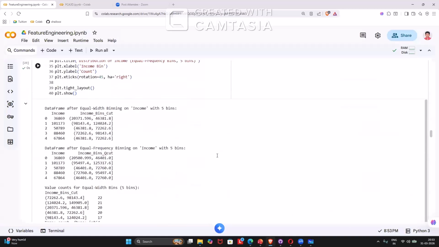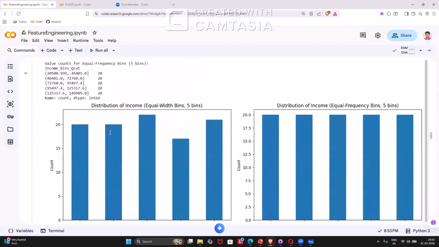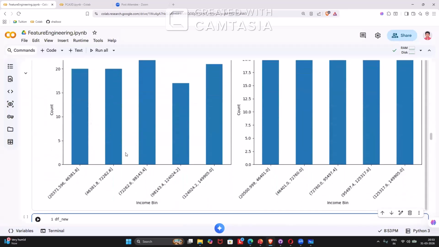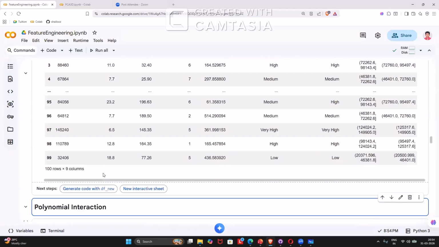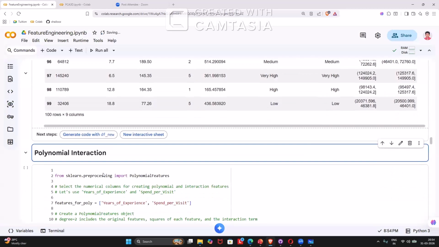In discretization, mostly we are taking intervals: from this range to this range, this range to this range. So this is considered discretization. Anyway, it is converting the entire values into different bins.